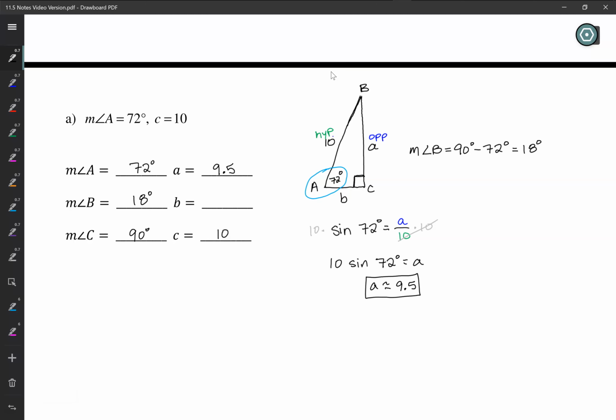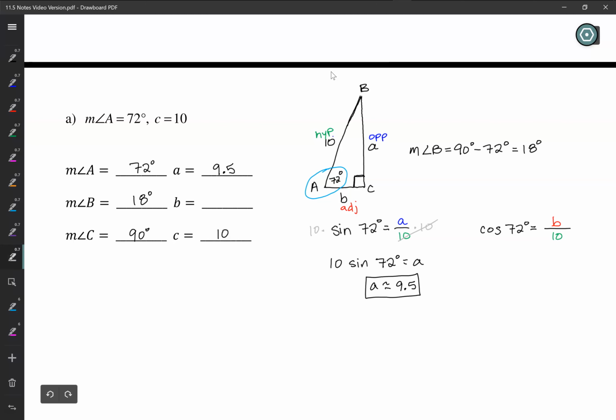All right, then B is adjacent. So if I still want to use the 10 and I'm trying to find B, I'm dealing with adjacent and hypotenuse. Cosine. Cosine of 72 degrees equals adjacent B over hypotenuse, 10.